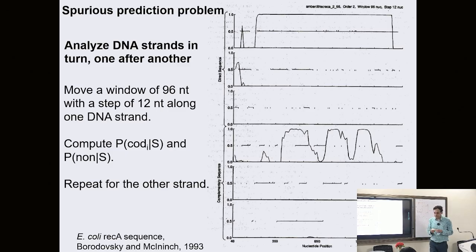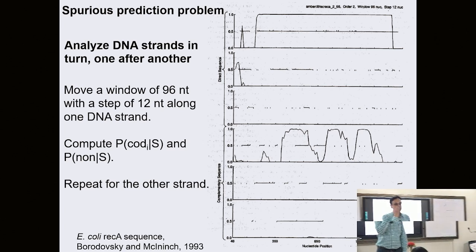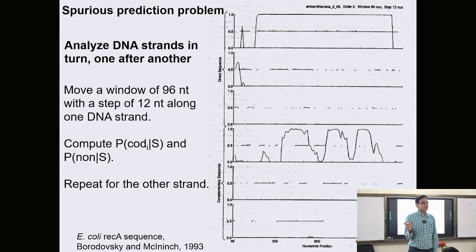Okay. I think I should erase these, otherwise it's confusing. Okay, so now you have to read in this direction. So then you will read R and Y. Okay, so on the other strand there was again an abundance of R and Y codons.